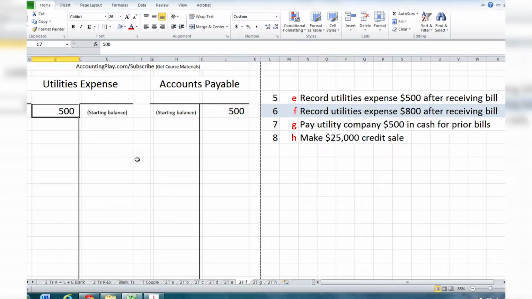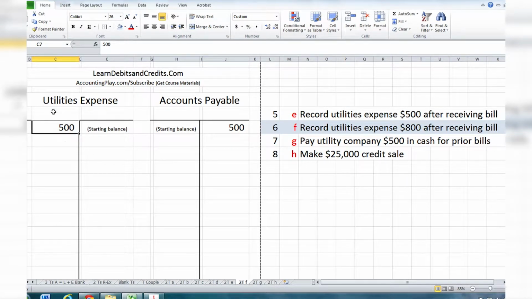Moving on to F. Now, I'm already showing the $500 prior utilities expense in the T account. Accounts payable, 500. These balances have increased. So now we have another utilities expense, 800 expense, another to accounts payable, 800. Awesome. Sum them up.